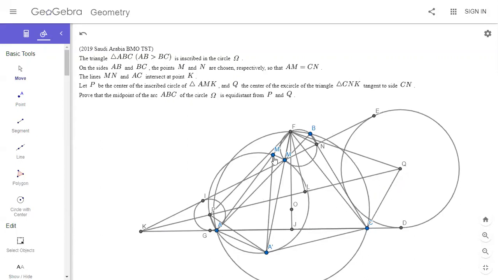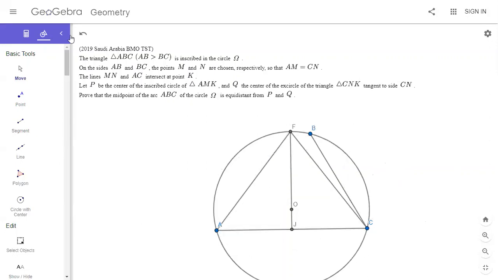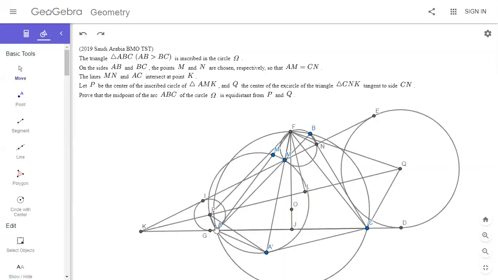I've added so many points here. I'm just going to leave M prime and A prime there. Yeah, we don't need all of these. In fact, I don't even know if I need A prime.